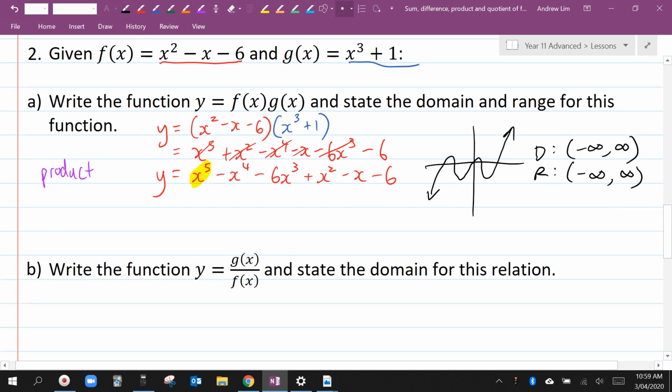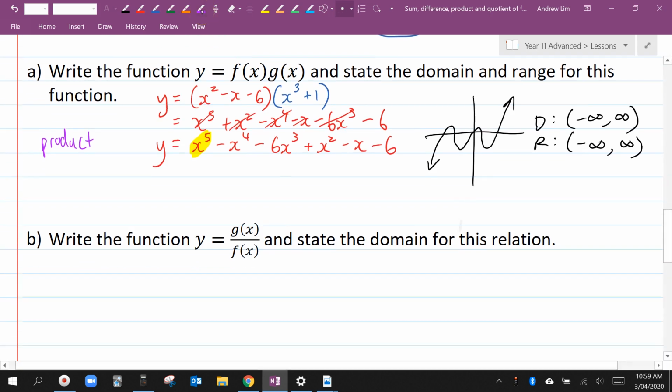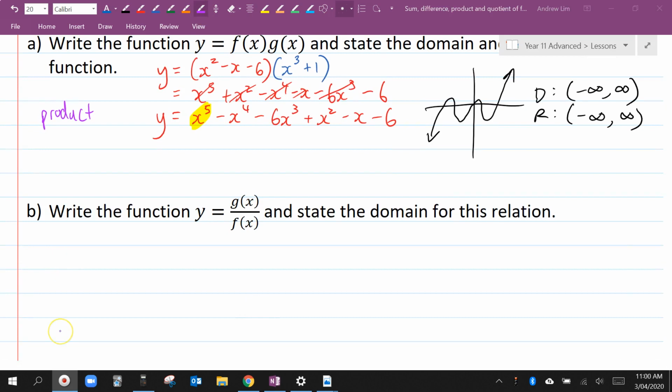Alright, let's have a look at the last one. Write the function y equals g of x over f of x and state the domain for this relation. So we're just stating the domain, not the range, because we haven't learned how to work that out yet. But this particular type of question is a quotient of two functions.